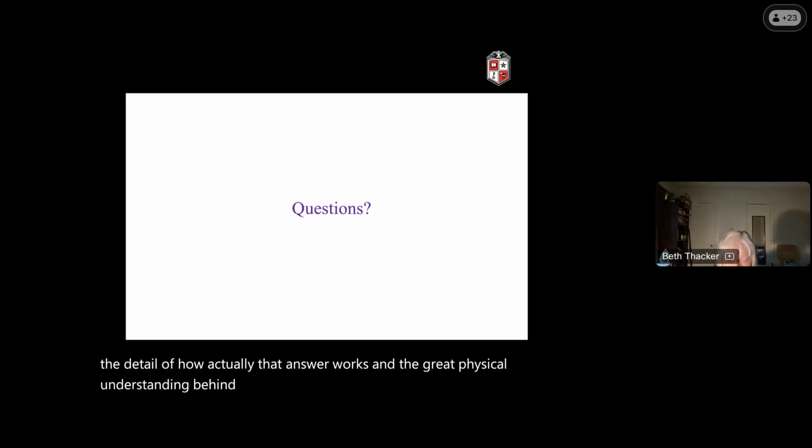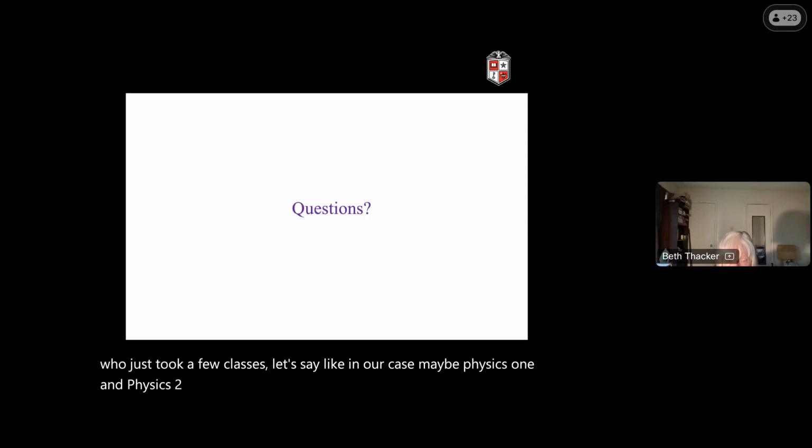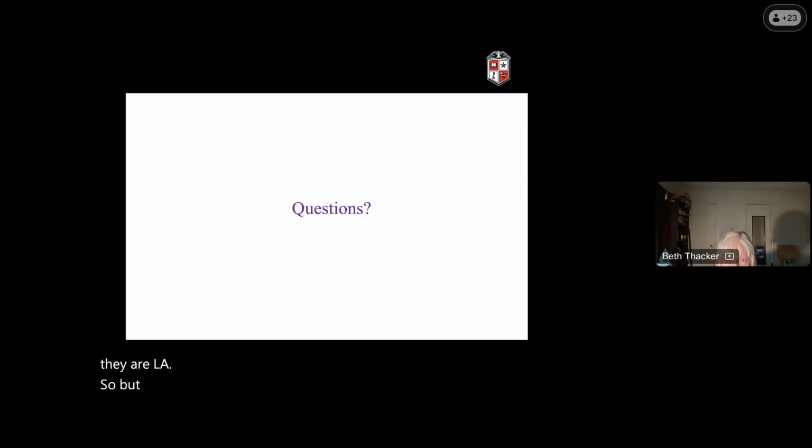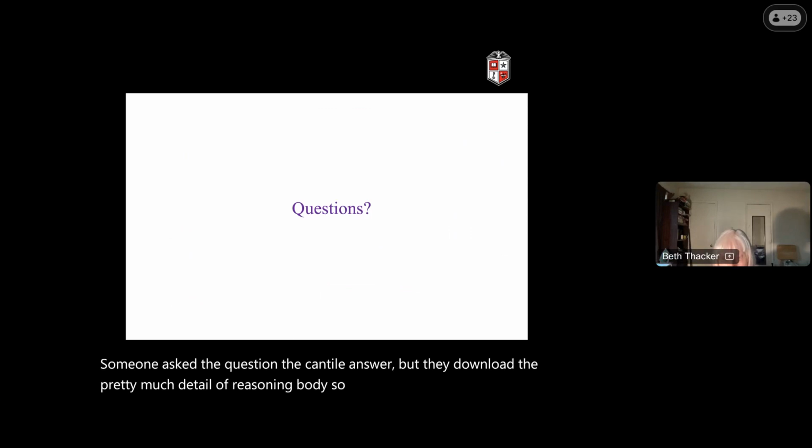So how do you cope with LAs who have just taken a few classes, let's say, in our case, maybe physics 1 and physics 2, but not the upper-level physics, but they are the LAs. They do know the answer, so if someone asks the question, they can tell the answer, but they don't know the detail of the reasoning behind it. So how can we cope with that scenario?